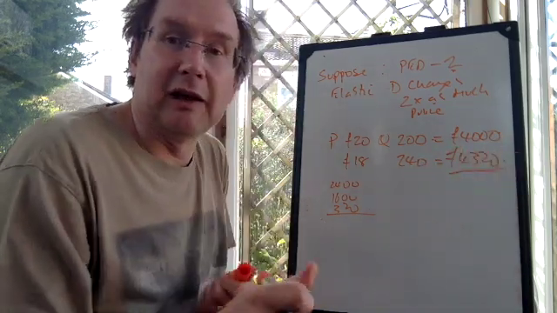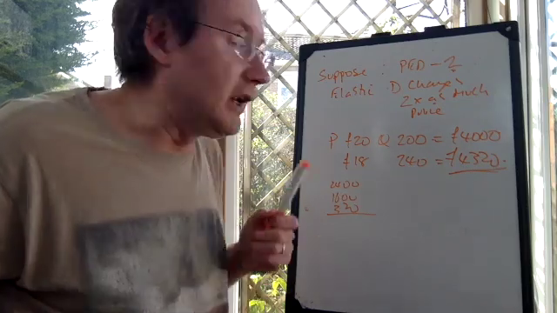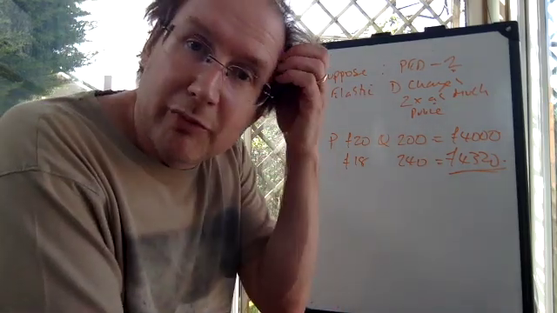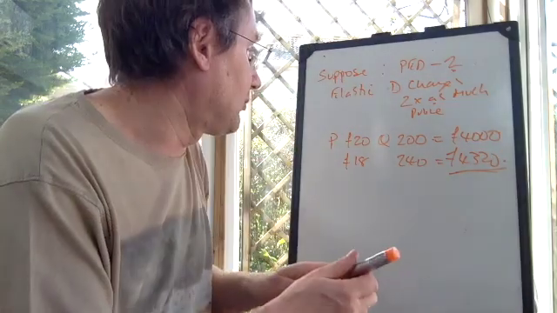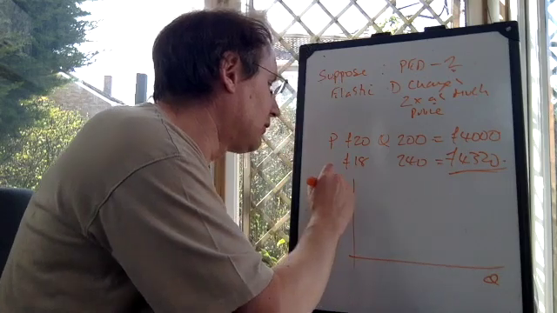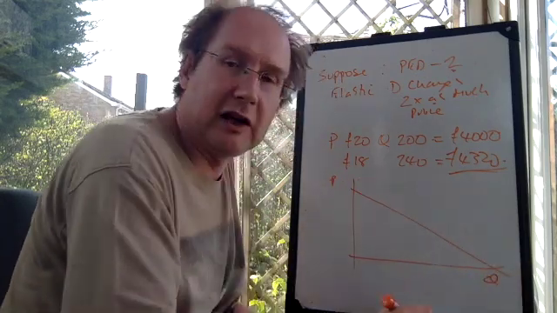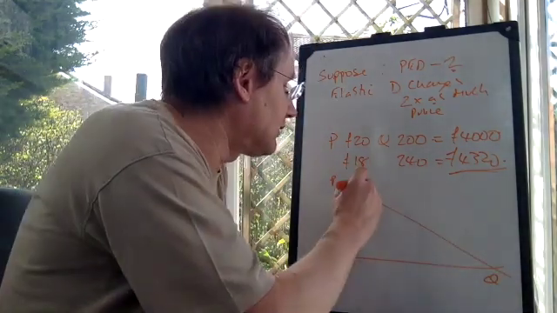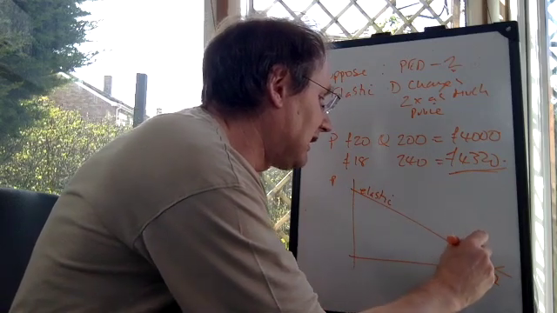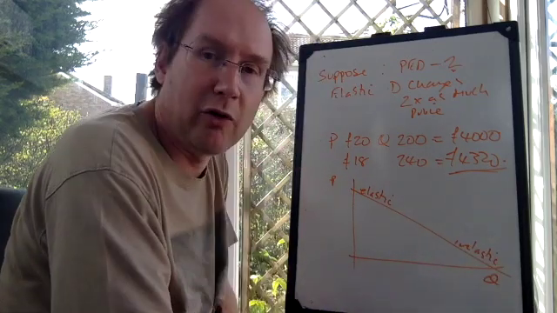So we can see that as a result of the cut in price, because demand rises more than proportionally, the firm's revenue goes up, and we can then show that on a demand line. Generally speaking, it is true to say, and I'm not really going to get into this, that demand is elastic up at the top, and it's inelastic down at the bottom of a demand line.